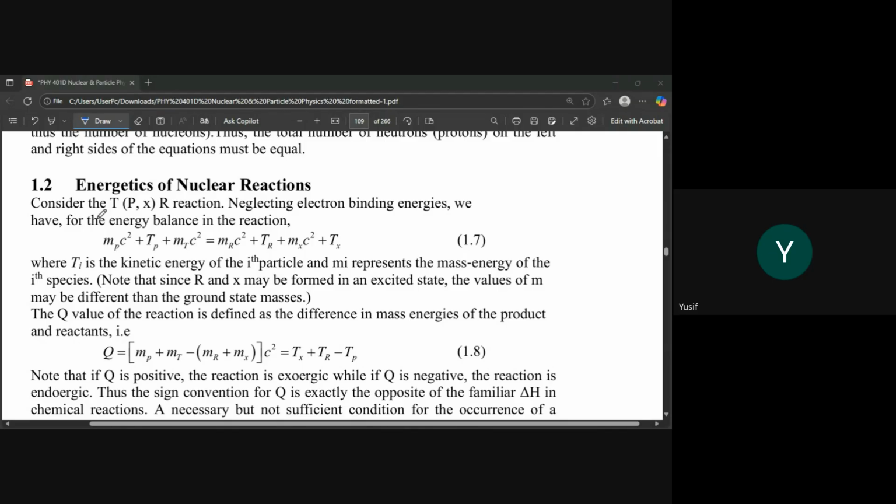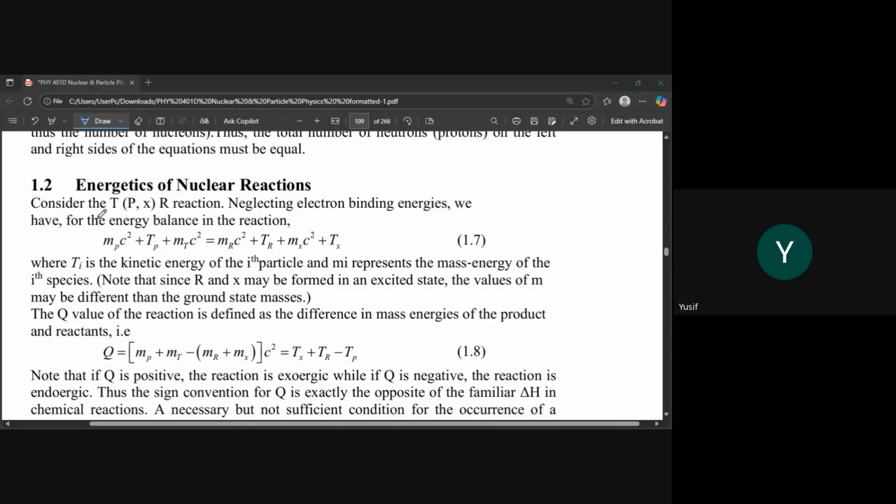So we move on to the energies of nuclear reactions. In the case where you have a reaction and we want to find the amount of energy that is produced at the end of the reaction, how do you go about it?